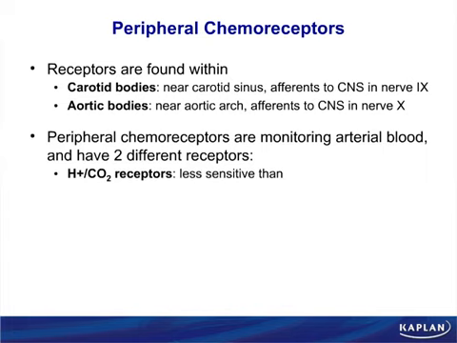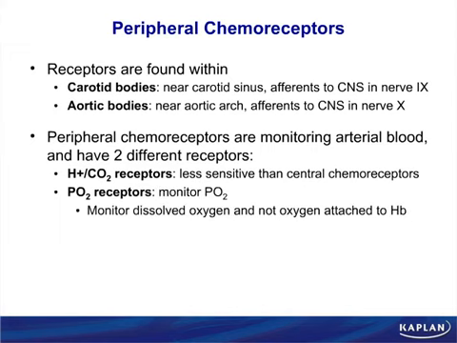All right, peripheral chemoreceptors are monitoring arterial blood. They have receptors for hydrogen and CO2. They're not as big a player in the steady state response, but you should recognize they respond to hydrogen ion and CO2. They also respond to oxygen. So they're going to monitor blood PCO2, blood hydrogen, and blood PO2.